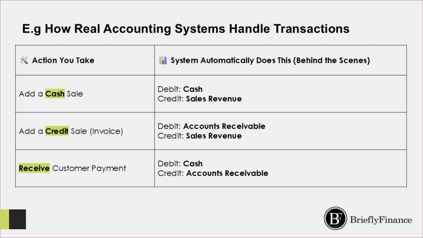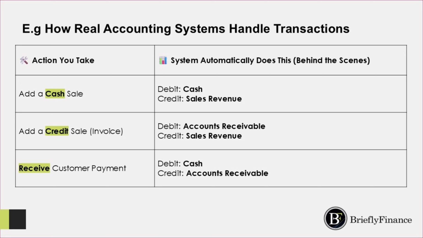You will have the system, and it will depend on how the system works. You will just say, oh, we received cash, so you will just click a button, add cash, for example, for an actual sale, and then you will say revenue, which is sale received. Usually it will be just one button. You'll say, oh, we made a sale. You'll click on sale, and it will automatically put the debit and credit by itself.